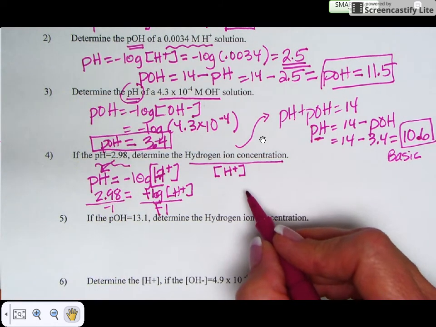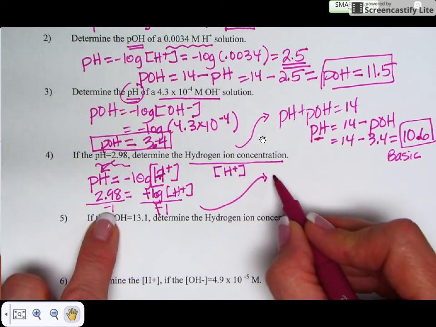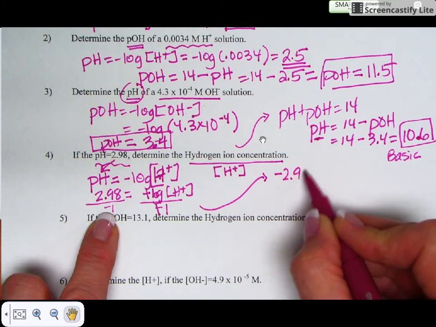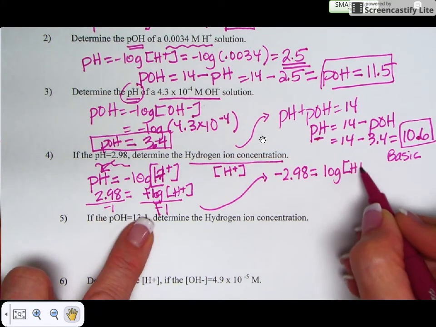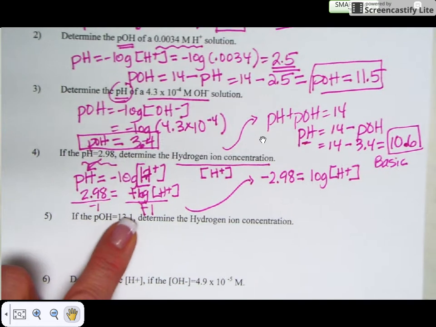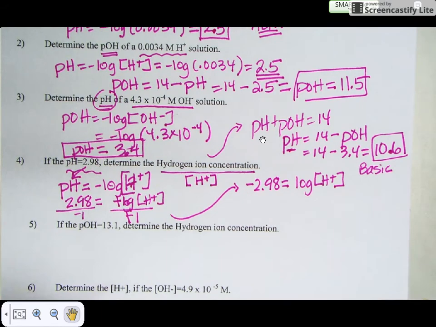All right. So I'm going to come over here and finish that. So what that gave me from this portion is negative 2.98 equals the log of hydrogen ion, or the log of x. Now, in order to move the log over, you have to use the anti-log.